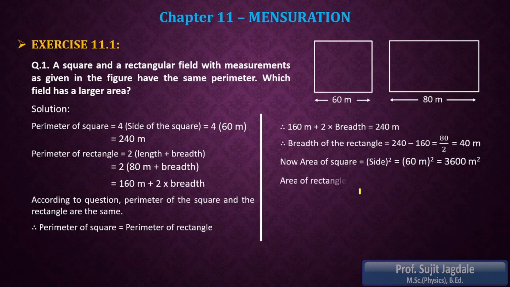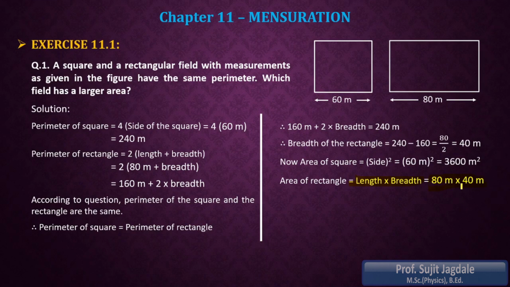Now we are going to calculate the area of the rectangle, whose formula is length into breadth. As the shape changes, the formula changes. Just remember, we saw these formulas last year also, in 6th or 7th standard, so you are familiar with them. Put down the values: 80 meter into 40 meter. Meter into meter, that means m into m, is the product of the same monomial, so m into m will be m square.